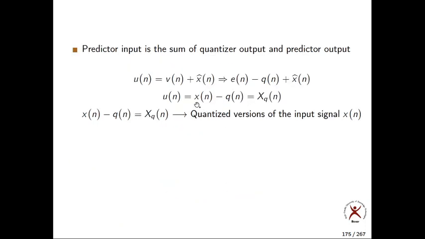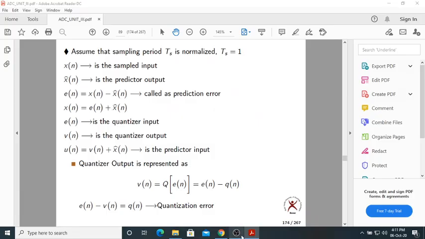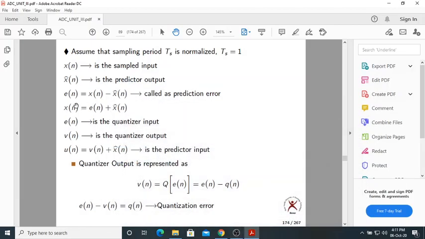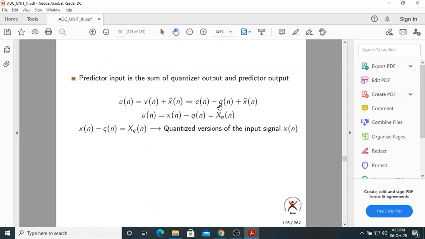That equals X of n minus q of n. So here it is, X of n equal to E of n plus X cap of n. So E of n plus X cap of n equal to X of n minus q of n, so as it is.